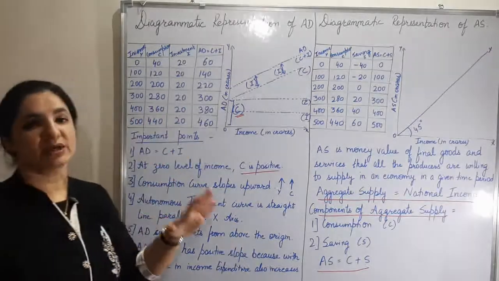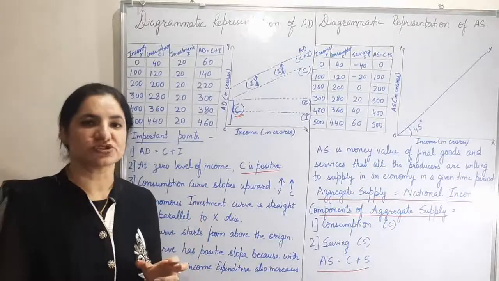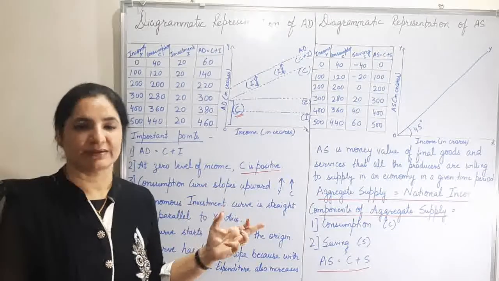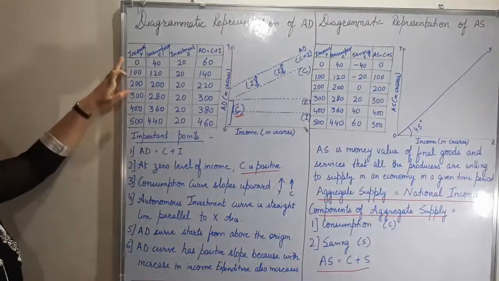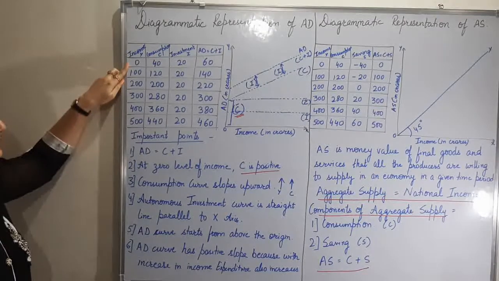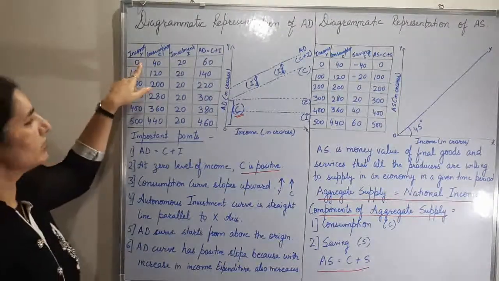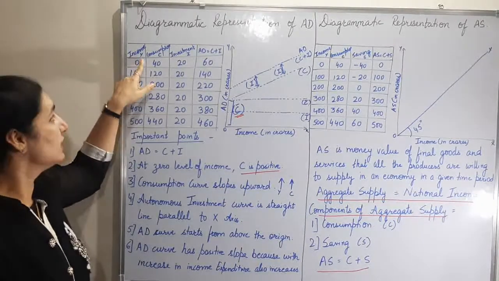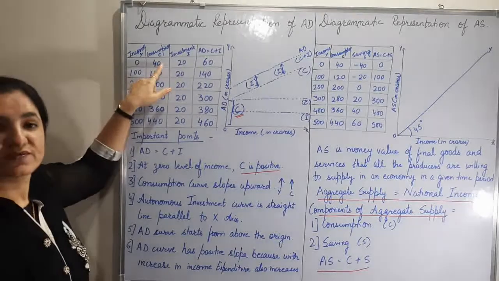So we have to keep this in mind, and accordingly we will develop a relationship between income, consumption and investment. So let us take the levels of income here. We are starting the first level at 0. It means that when income is 0, still, see the table, consumption is 40.